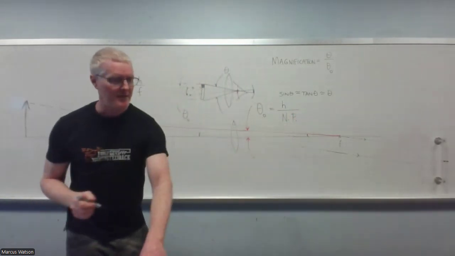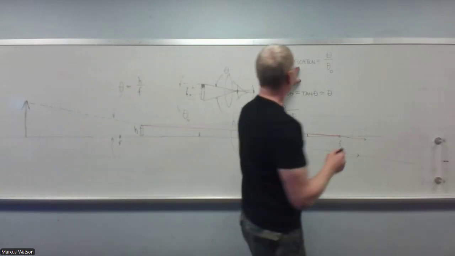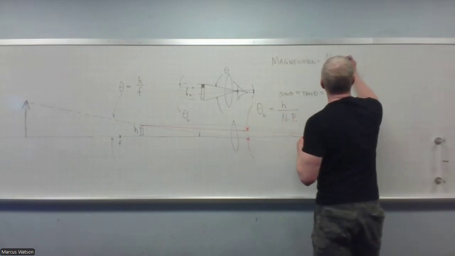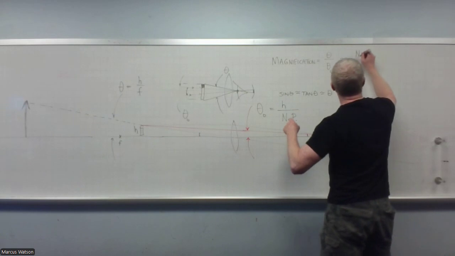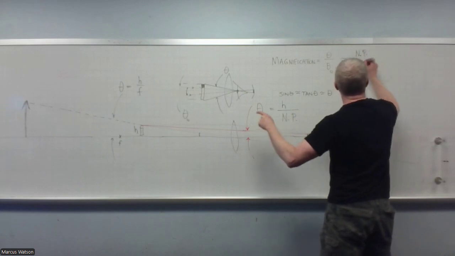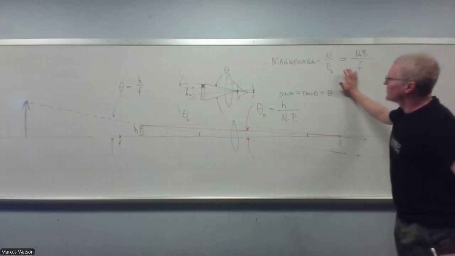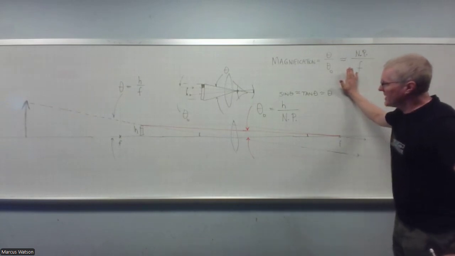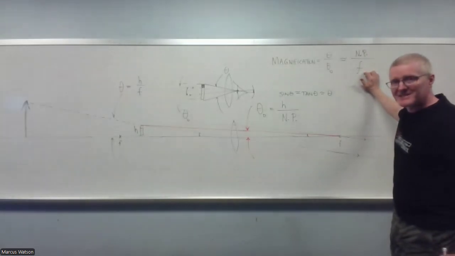So if we fool around with the magnification, the h's will go away, and I'll get the near point distance, which flips up to the top, divided by the focal length of the lens. So for a simple magnifier, it depends on how close your near point is and what focal length lenses you want to use.